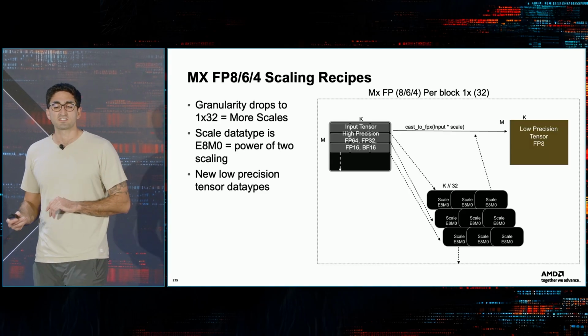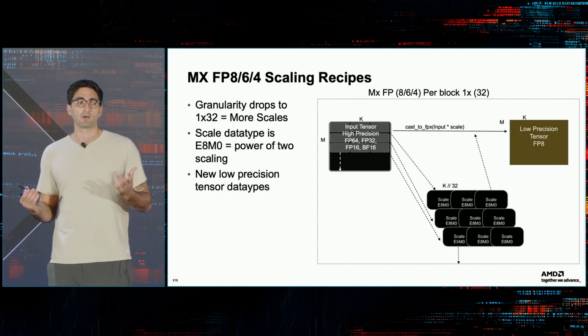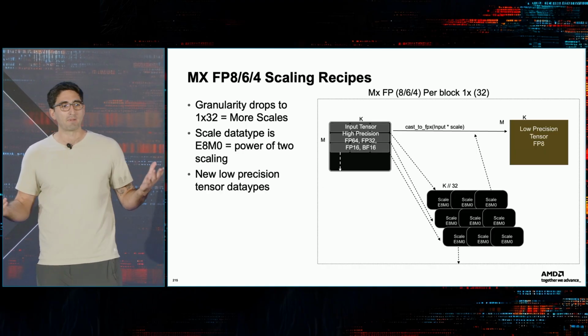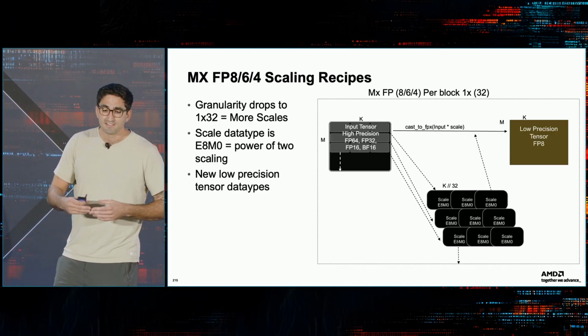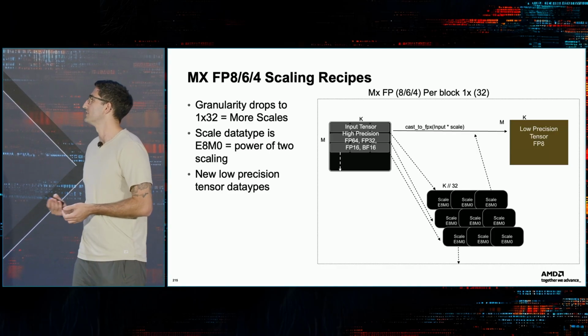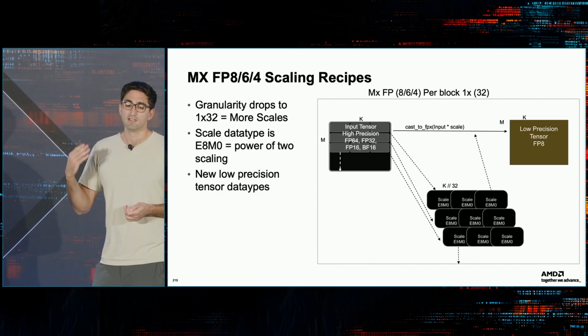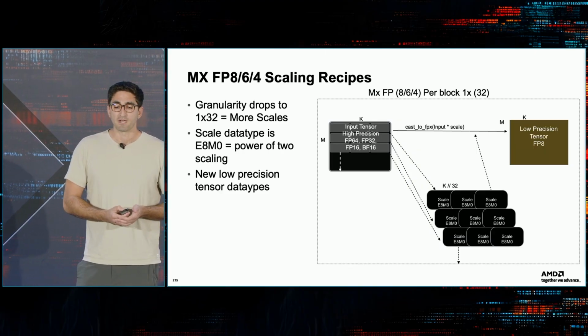And instead of storing the scales in float32, we're going to use this new dtype that's supported in PyTorch called E8M0. It's a weird acronym. It's really just powers of 2. Then these MX dtypes are parameterized: MXFP8 means the low precision tensor is FP8. There's also MXFP6 and MXFP4, all supported in PyTorch today.